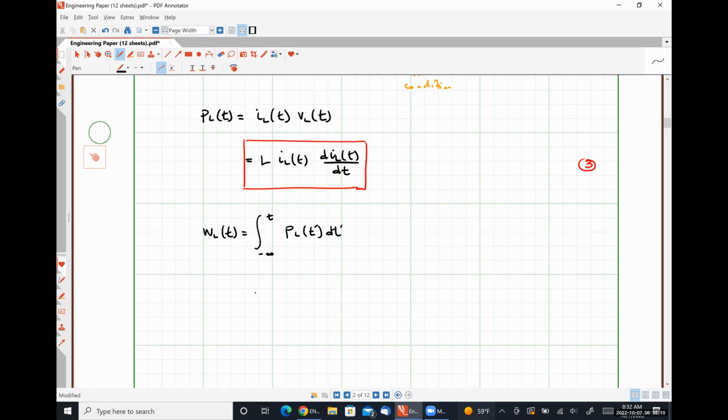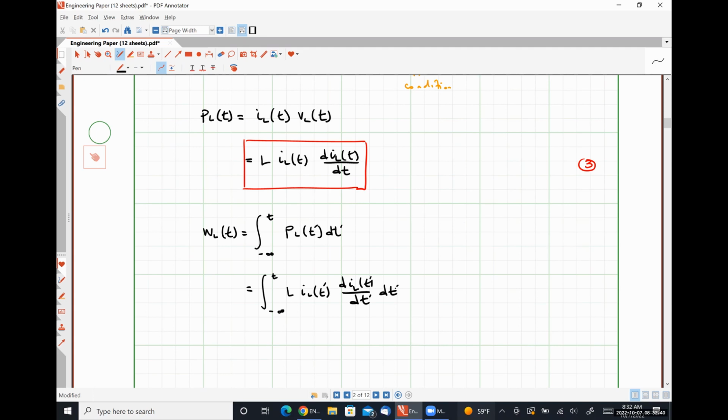If we substitute in the equation that we just developed for power, we're going to have the integral from negative infinity to t of L times I times di by dt multiplied by dt, and all of these t's need to be primed.